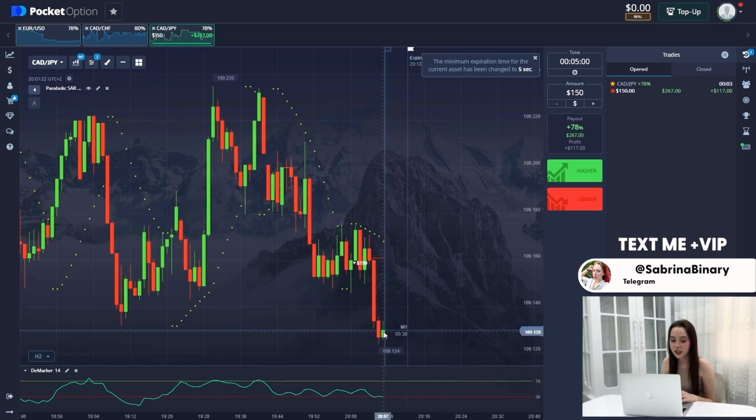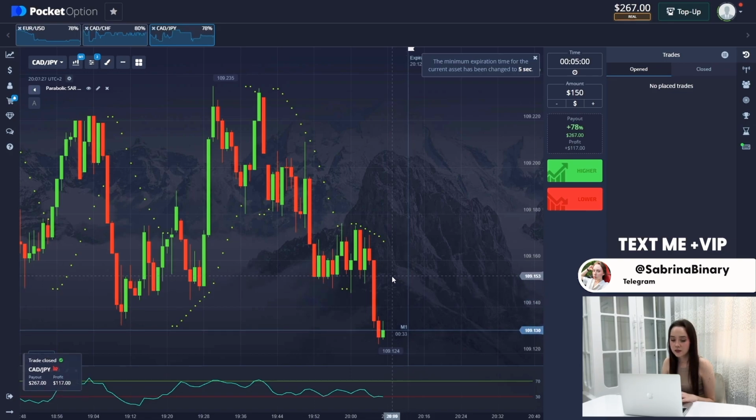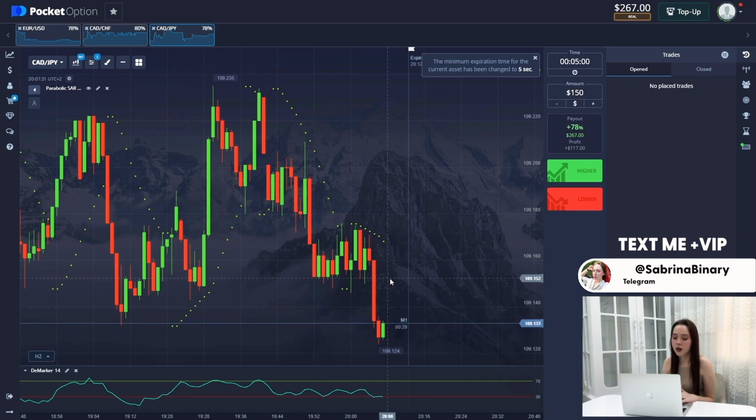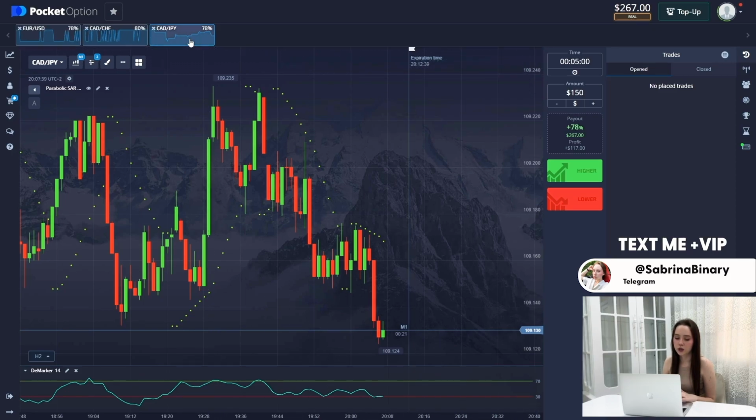And the first deal closed on a profit of $117, all thanks to my technical analysis. It takes a much deeper picture when you open it for 5 minutes or more, because things can change and you have to predict, absolutely not like when you do it for 1 minute or something like this.